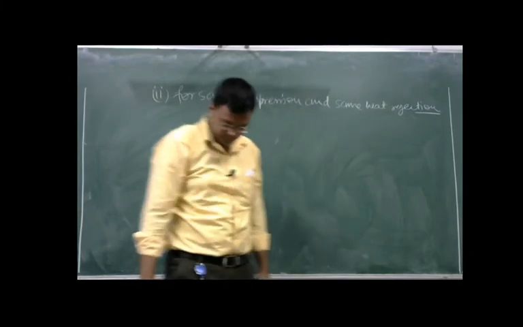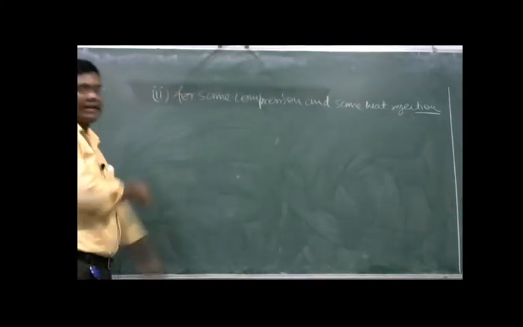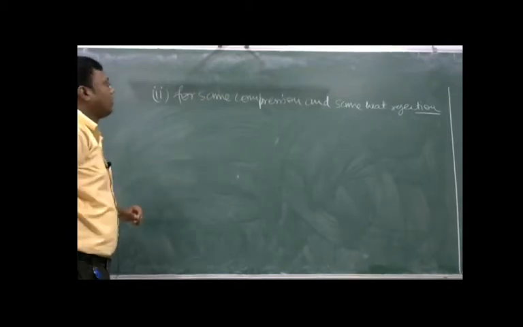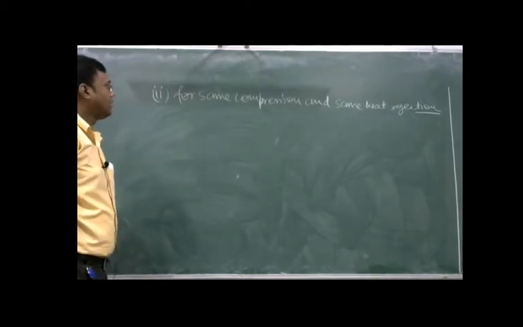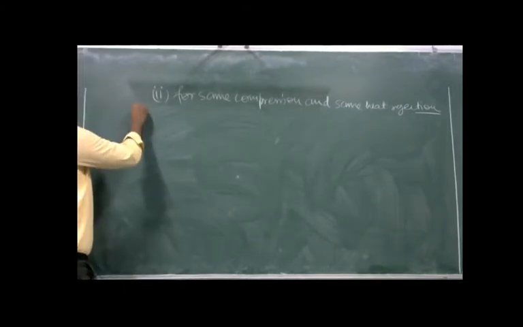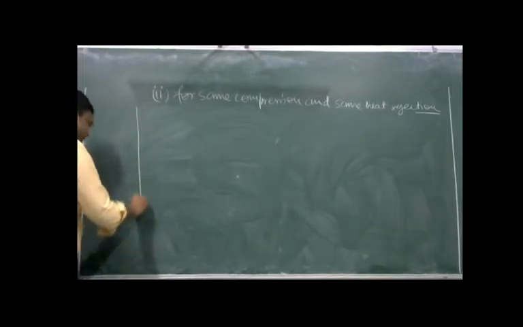Okay. So first I am going to draw the PV and TS diagram of Otto, diesel and dual cycle for same compression ratio and same heat rejection. First I am going to draw the PV diagram.